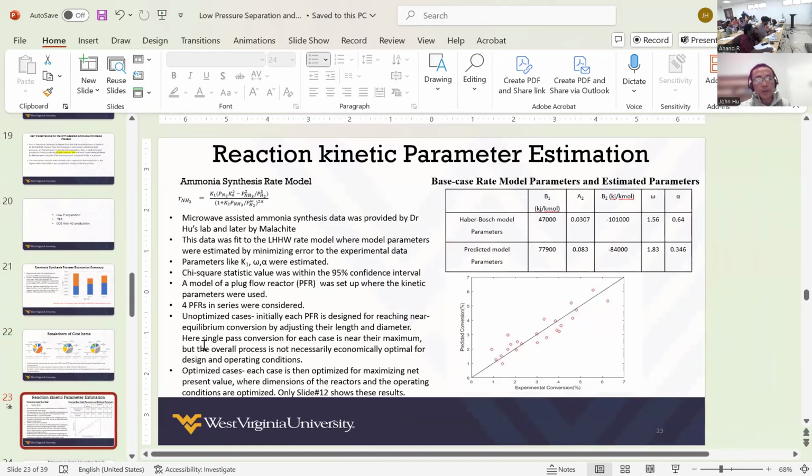Let me talk about this. You don't have to read this wording. We presented it at many conferences, and I'm going to interpret it for you. Remember when you size the reactor, you have laboratory data and specific activity, that means per gram of catalyst, how much ammonia you can produce.